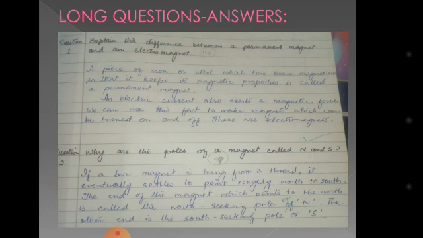The end of the magnet which points towards the north is called the north-seeking pole, N, and the end which points towards the south is called S.